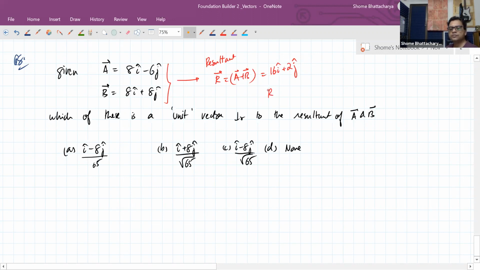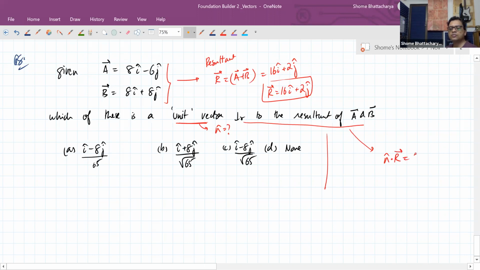This is the resultant. Now we want the unit vector. Let's say that unit vector is n cap, which is perpendicular to the resultant of A and B. So what is the condition for perpendicularity? The dot product should be zero.